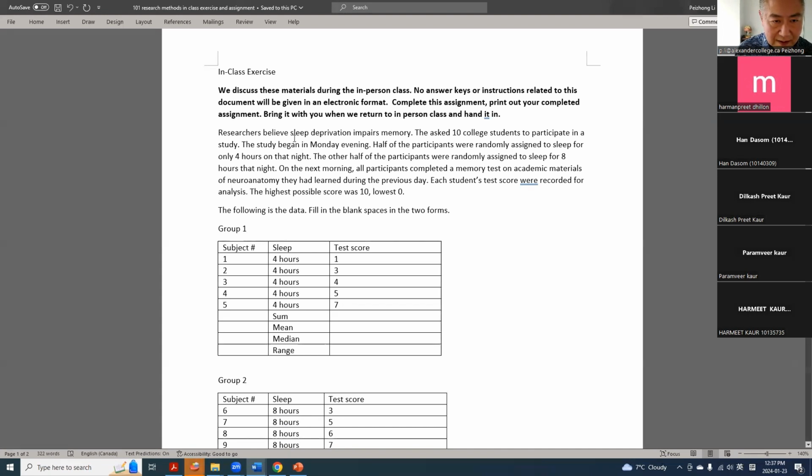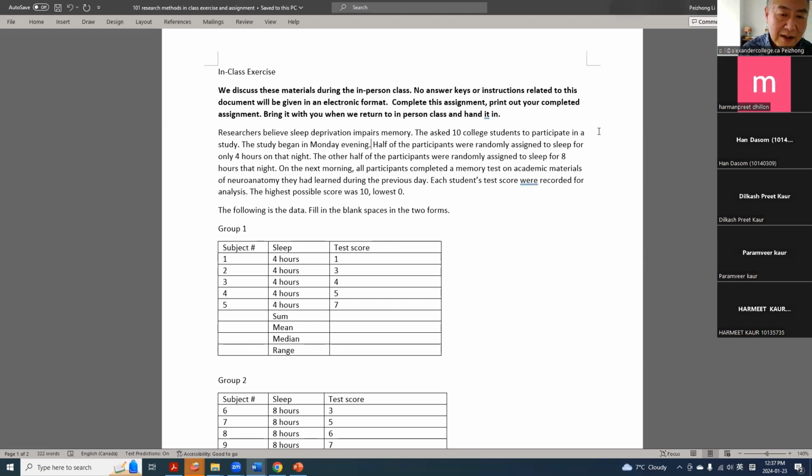So let's see. Look at here. You remember to download it from the portal. The researcher believes that sleep deprivation impairs memory. He asked 10 college students to participate in a study. The study began on Monday evening.